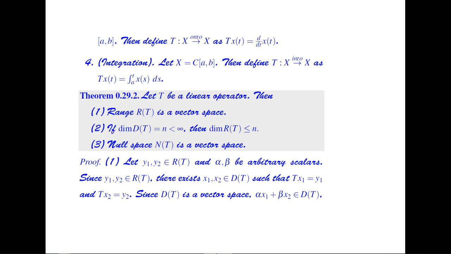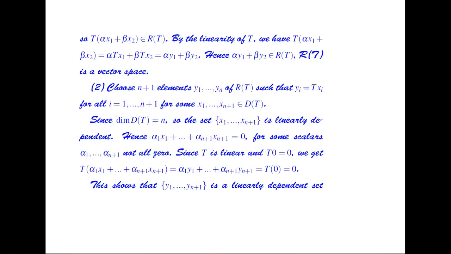Since the domain of T is a vector space, alpha x1 + beta x2 belongs to the domain of T. So T(alpha x1 + beta x2) belongs to the range space of T. By the linearity of T, we have T(alpha x1 + beta x2) = alpha Tx1 + beta Tx2, which is equal to alpha y1 + beta y2. So alpha y1 + beta y2 belongs to the range space of T. Hence the range space of T is a vector space.